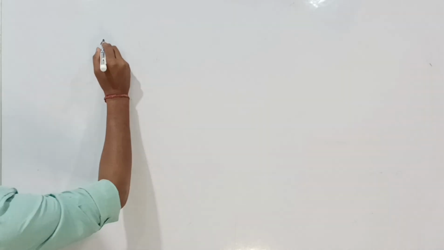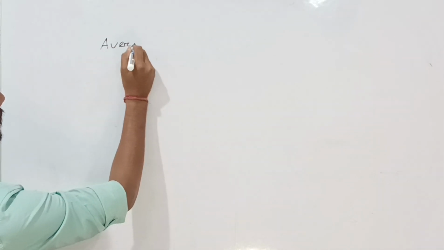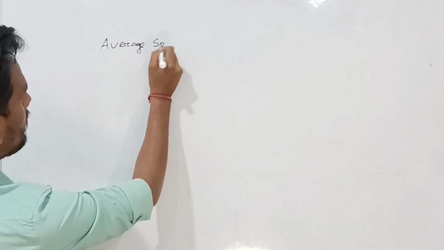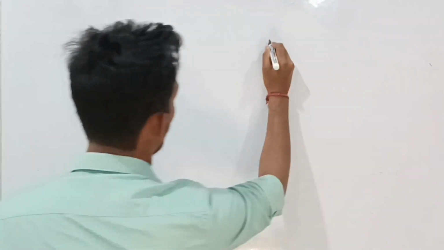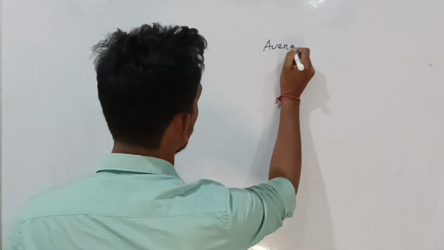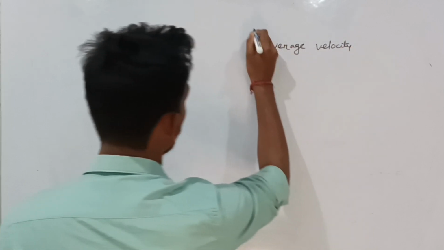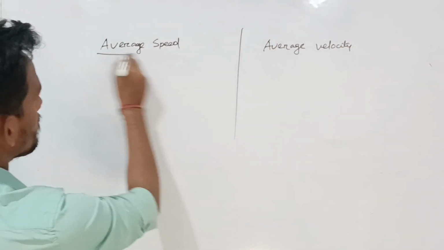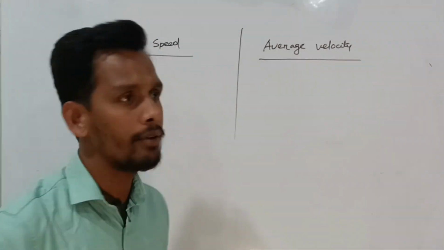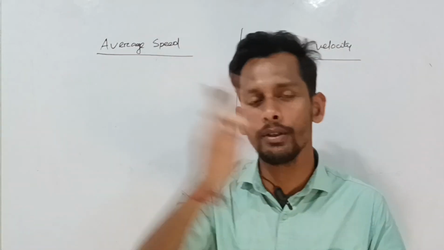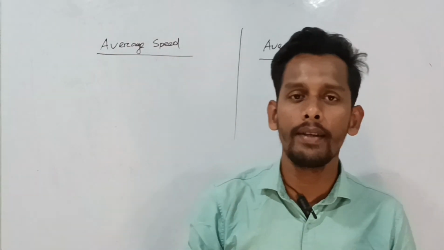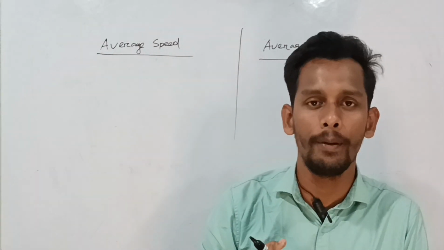Now we will see the average speed or average velocity. What is average speed? Suppose you are moving from position A to position B. Suppose the total distance is 60 km.